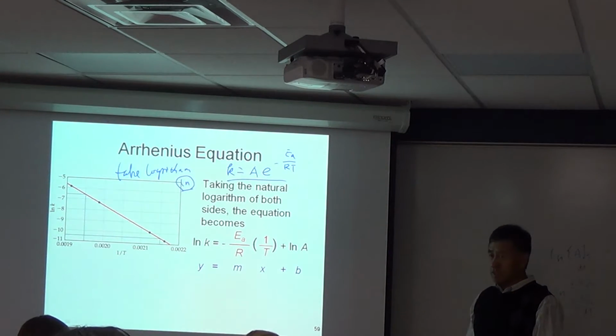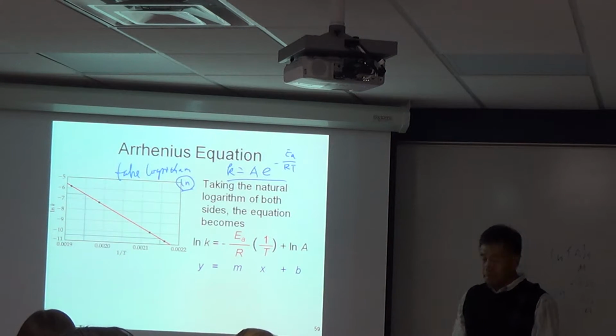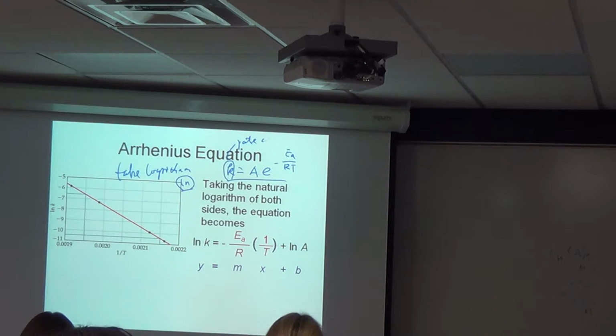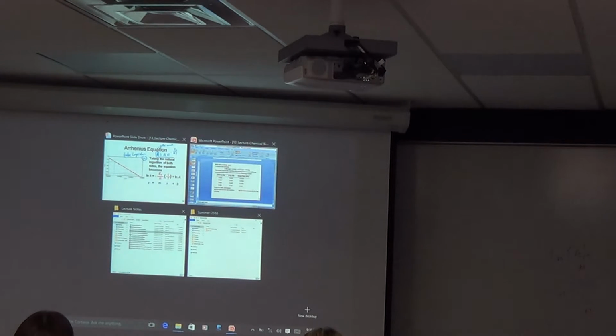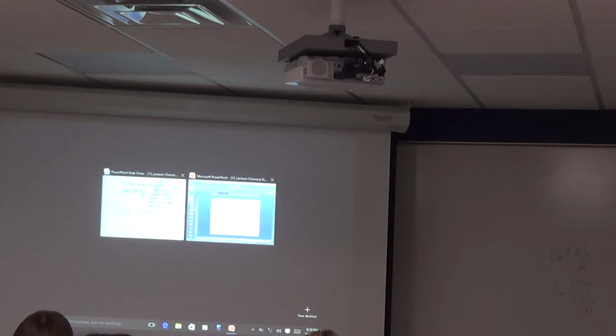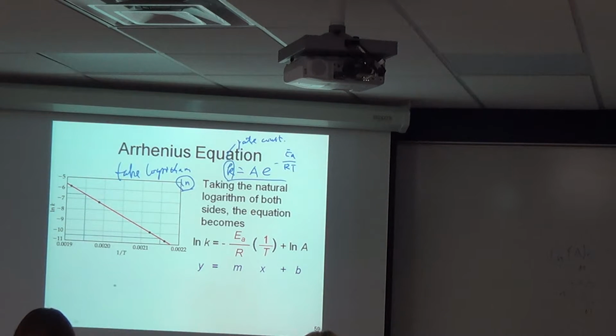What that means is, if you measure, I think we are going to measure that in the lab, this k, the rate constant, at different temperatures, then you take the Ln of your k and put that on the y-axis.